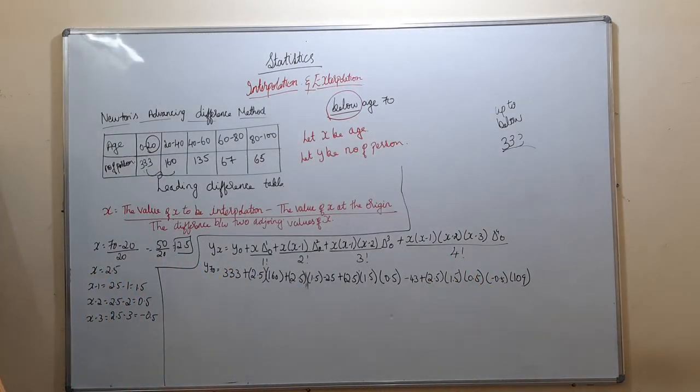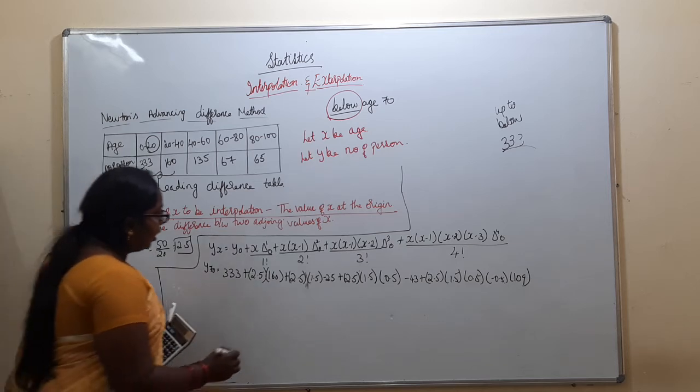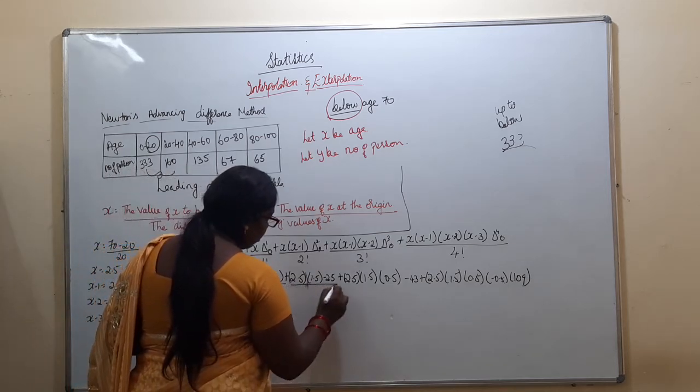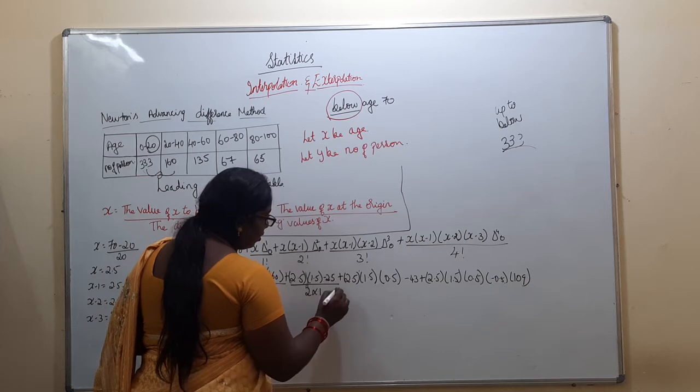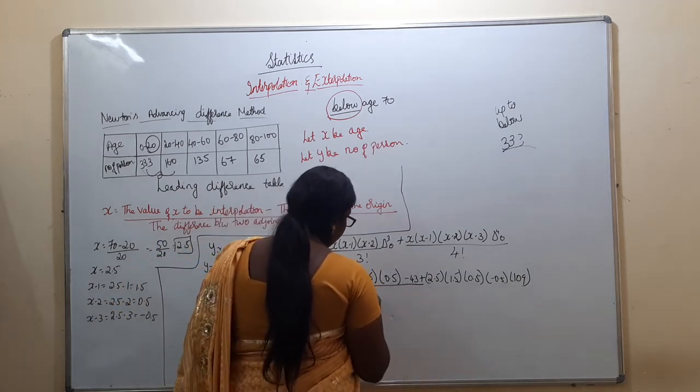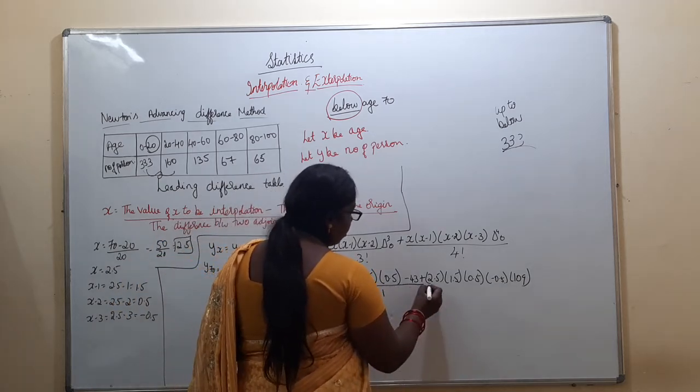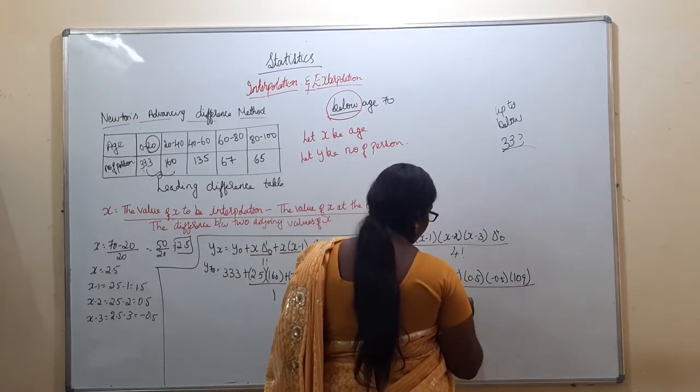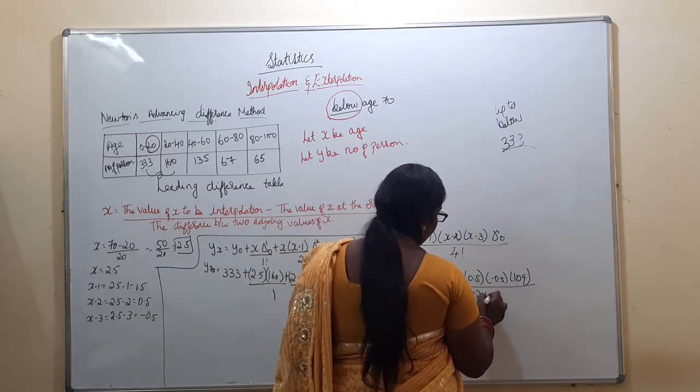So I will cross verify the values. 3 plus 2.5, 160 plus 2.5, 1.5 minus 25, 2.5, 1.5, then minus 43. The factorials are 1, 2 into 1, 3 into 2 into 1, 4 into 3 into 2 into 1.